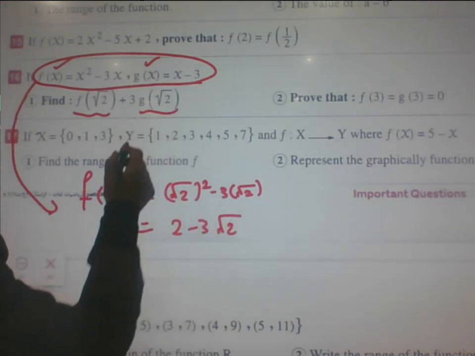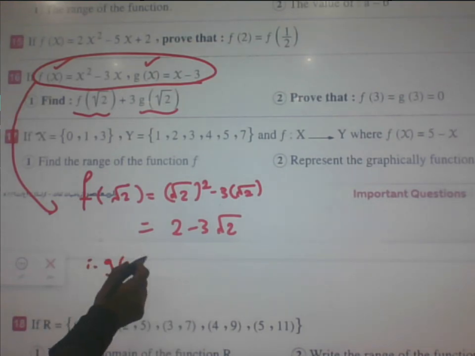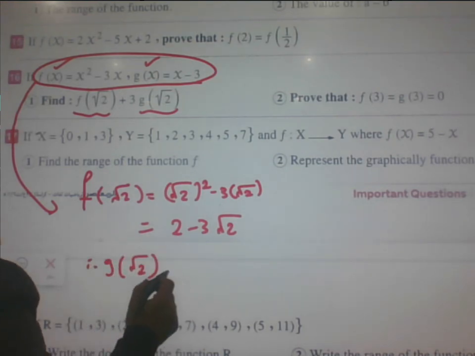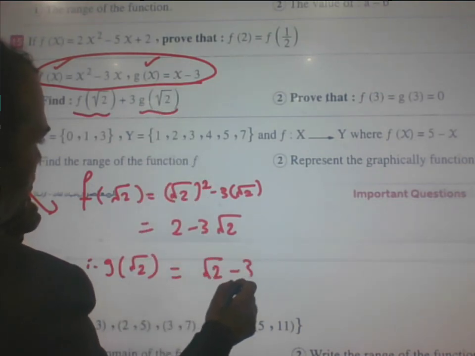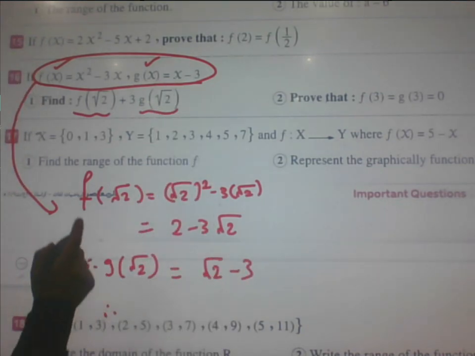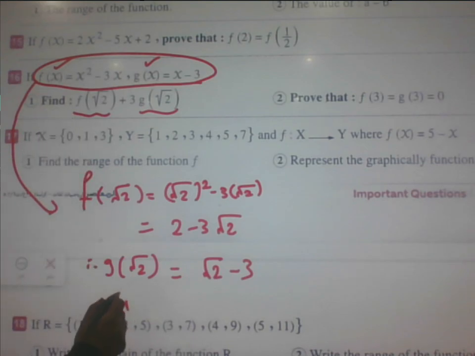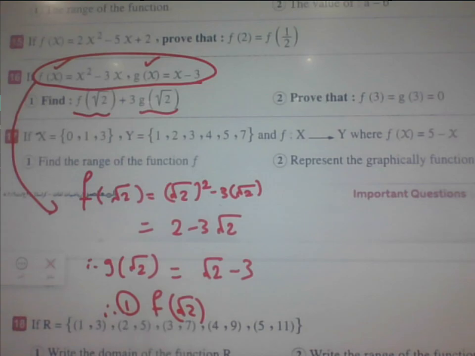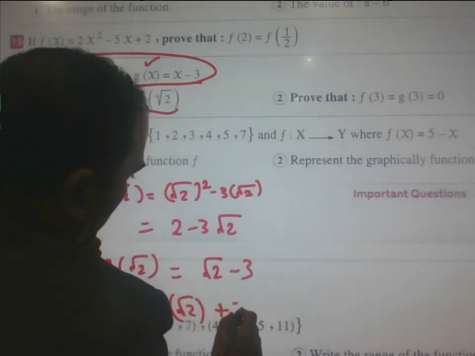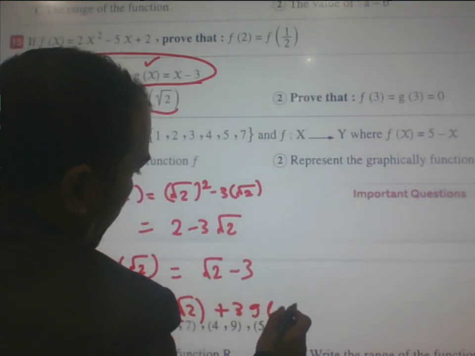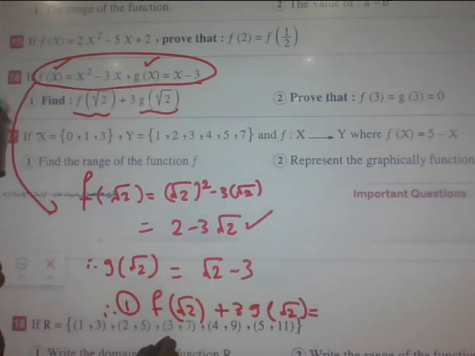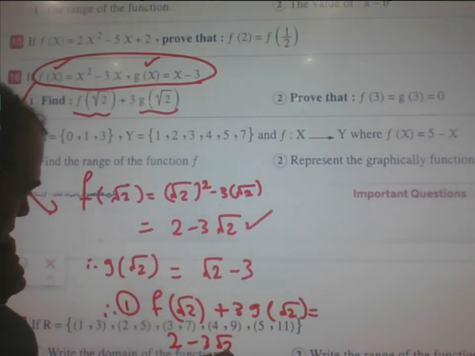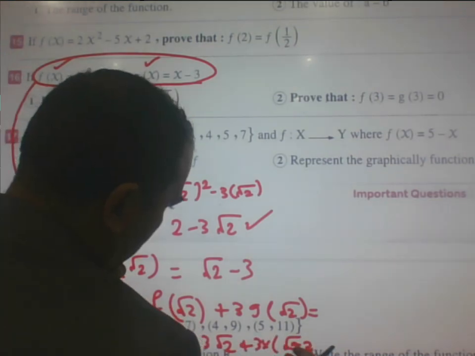And then I will find g of root 2, with the value of x equal to root 2. Then we have root 2 minus 3. Then you can find the result of the question. You want to find f of root 2 in brackets plus 3 product by g of root 2. The value of the first here is 2. You can write 2 minus 3 root 2 plus root 2.